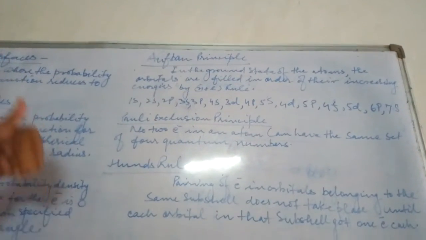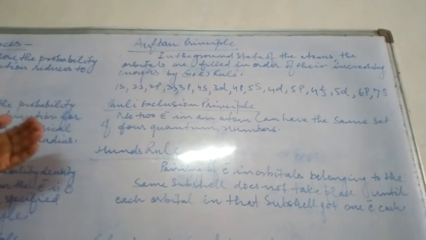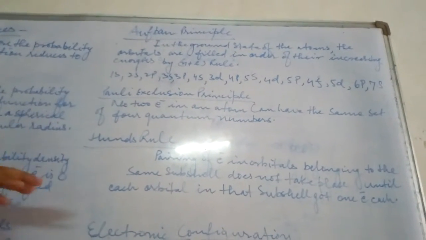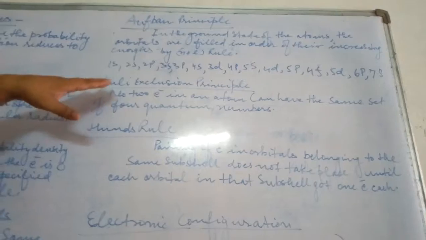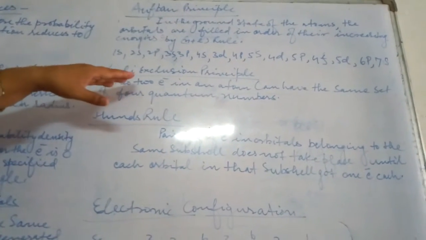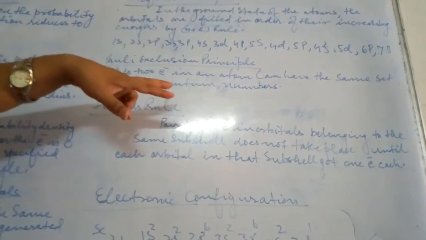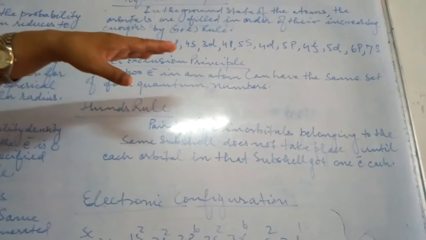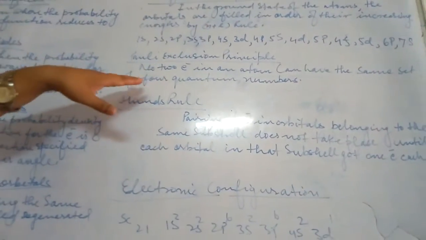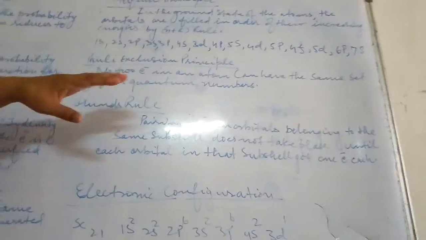One electron in an orbital will be clockwise, the other anticlockwise. Means three quantum numbers will be the same, but the fourth, the spin quantum number, will be different. So according to Pauli, no two electrons in an atom can have the same set of four quantum numbers. This is Pauli's exclusion principle.